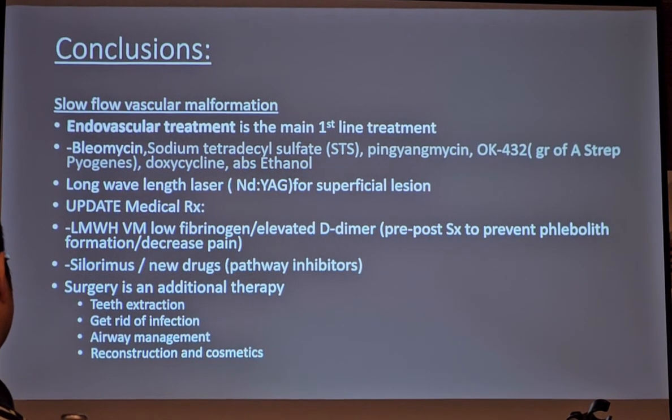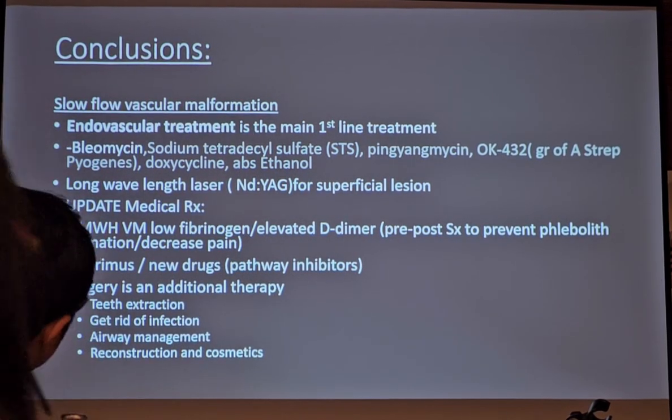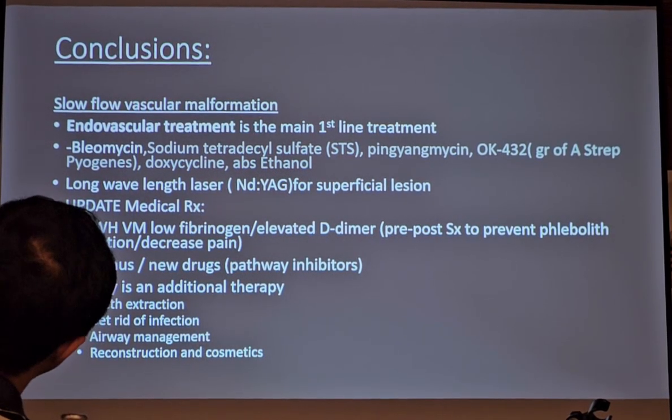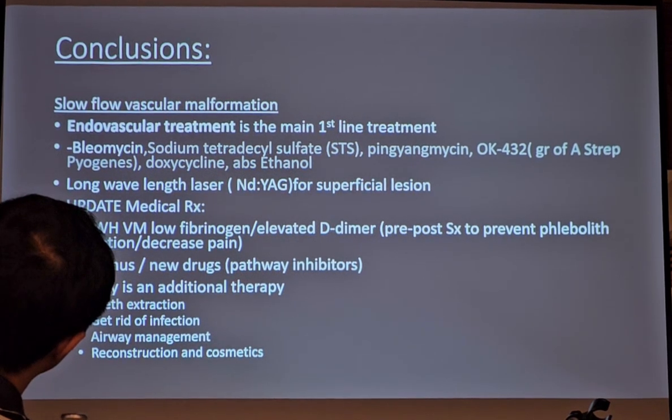There are other types of treatment, including the new pathway inhibitors. We always work with the dentist, with the ENT, with the ophthalmologist who knows a lot about vascular disease. And finally, we sometimes need to talk with the plastic reconstruction surgeon.